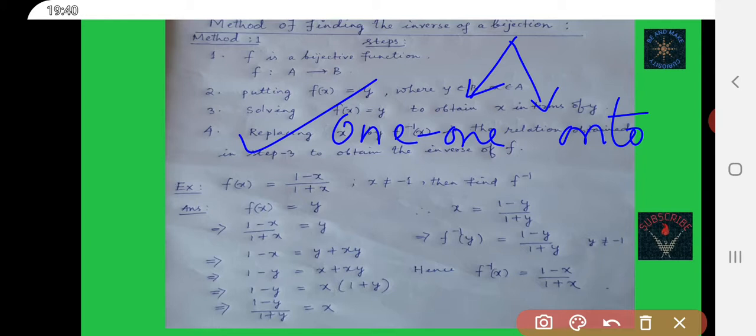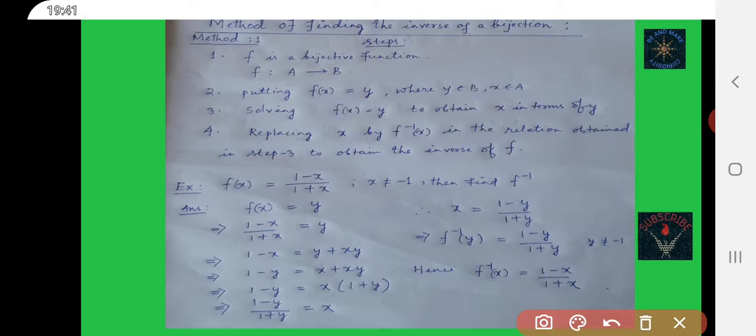That means a bijective function is invertible, so no need to check. Directly we write: as f is a bijective function mapping from A to B.